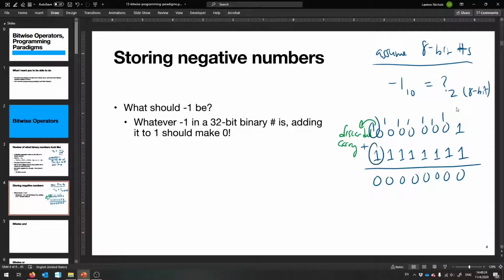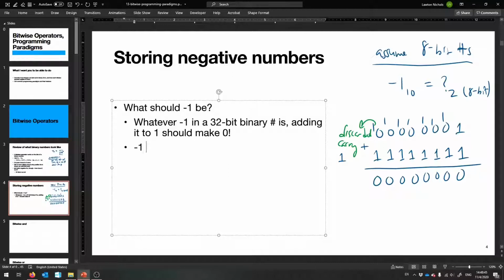So 1 plus 1 at the very end is 1, 0, but we don't do anything with the carry. So we're carrying a 1, but we're carrying it to nowhere. Okay? It just vanishes into the ether, and then suddenly we have 0. Okay? So it has to be all 1s.